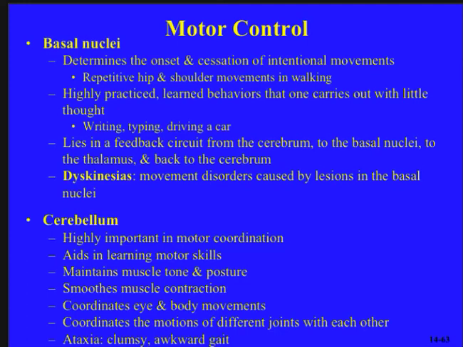So, two different types of motor malfunctions, dyskinesias and ataxias. Ataxias are associated with cerebellar dysfunction and dyskinesia with defects in the basal nuclei.